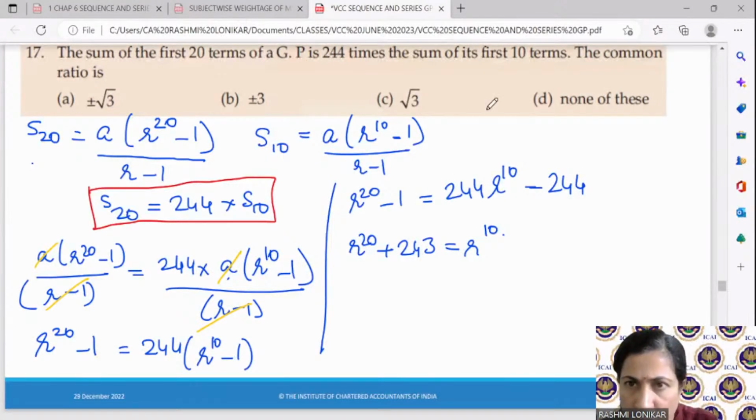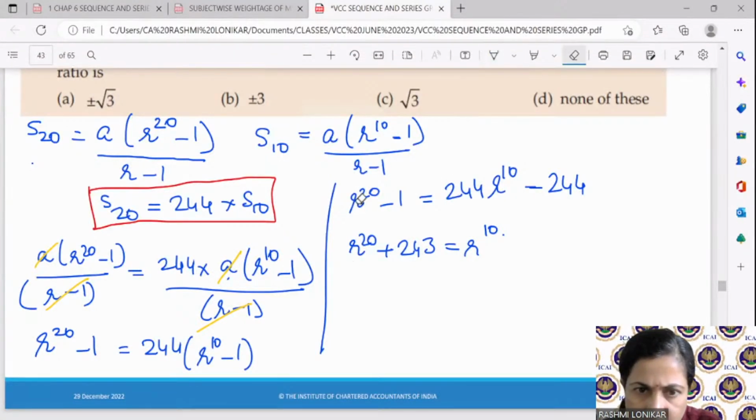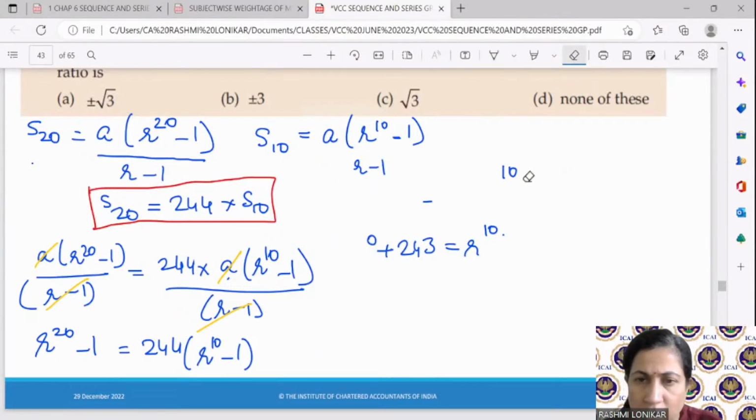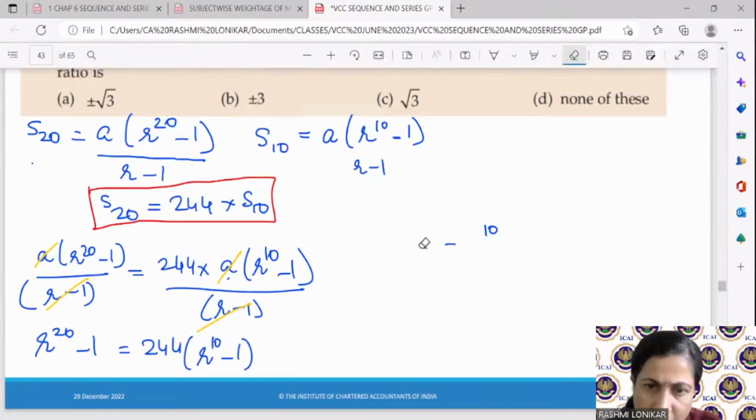I don't need to open it. Up till here it is okay. There is no need to open, otherwise the calculation will become more tedious. You will get the answer there also, but here it will become easier.